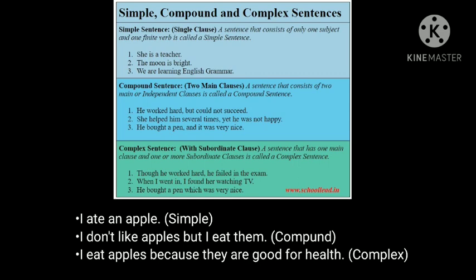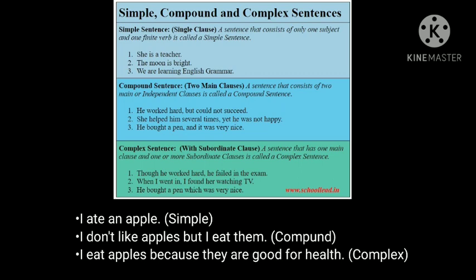So we can say when two simple sentences join together with the use of a coordinating conjunction, it forms a compound sentence. So now when two simple sentences or two independent clauses are combined, we'll get two subjects, two finite verbs, two predicates, right?